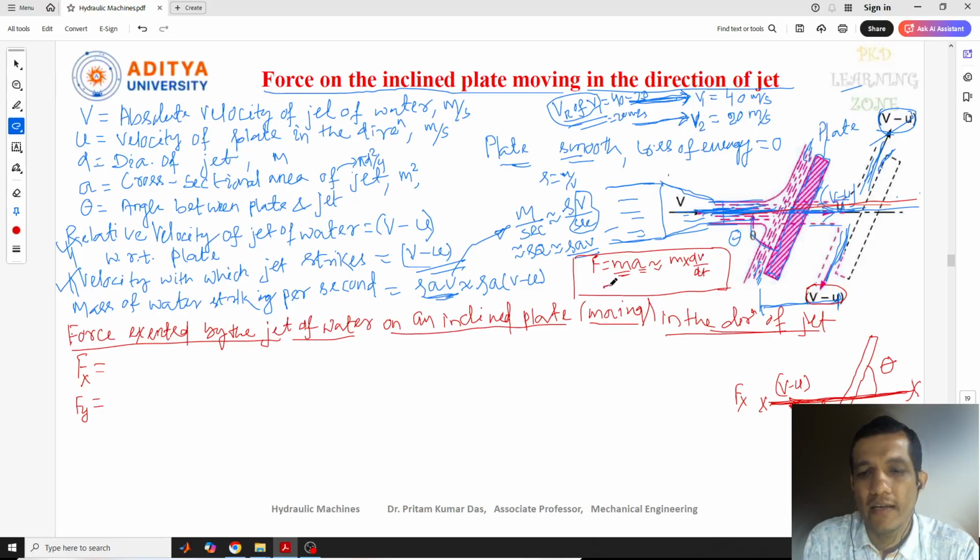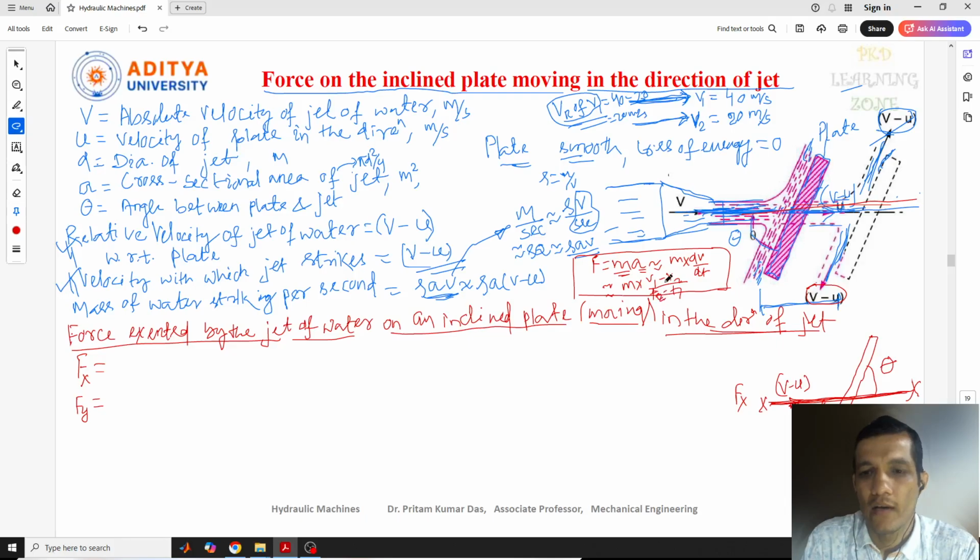So dv by dt, again I can write this as mass into v1 minus v2. What is v1? The initial velocity of the jet, and v2 the final velocity of the jet, because of the impact of the jet on the plate. So initial jet velocity minus the final velocity of the jet after striking, with respect to t2 minus t1.